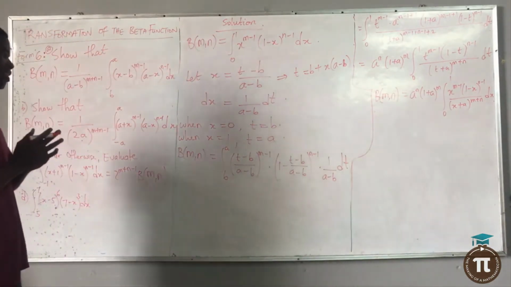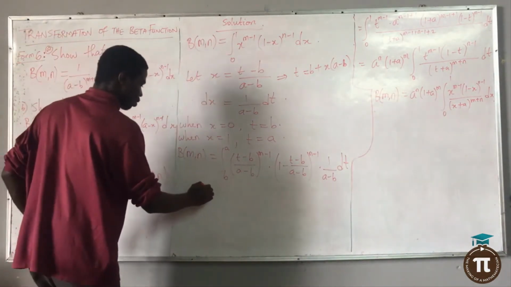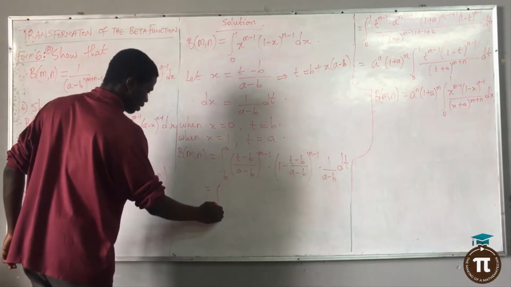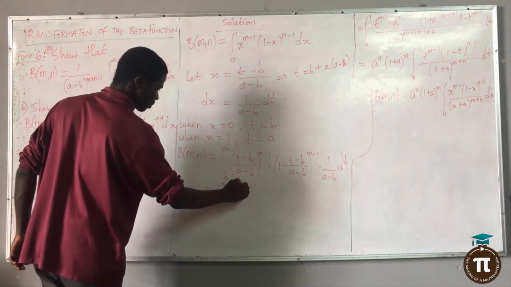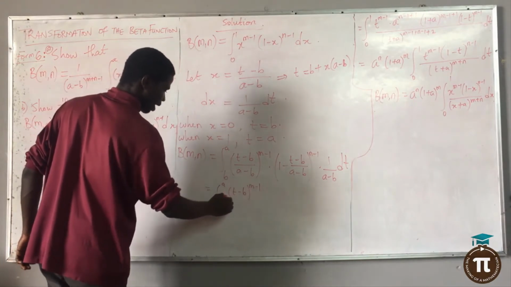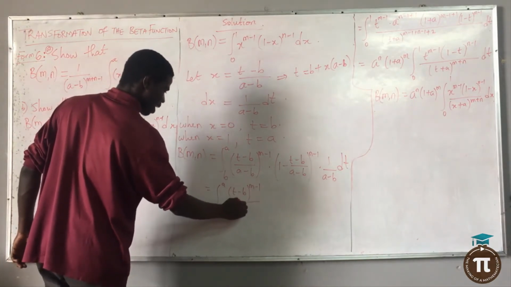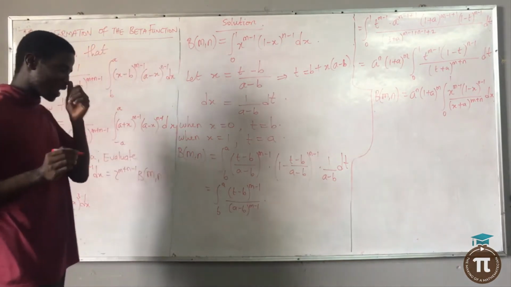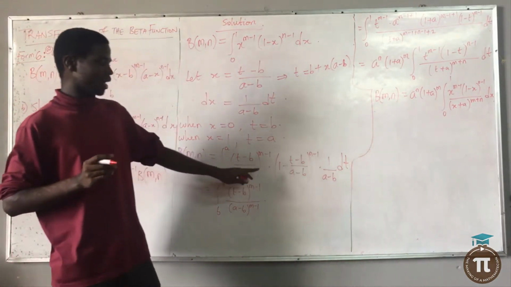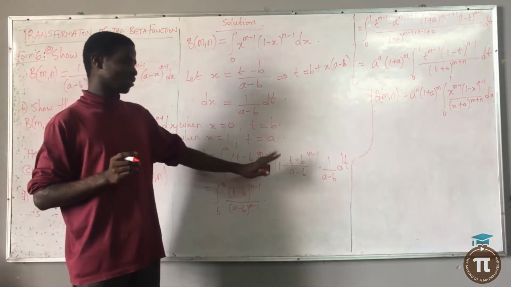So without wasting time, this one will be equal to the integral from b to a of (t minus b) raised to the power of n minus 1 over (a minus b) raised to the power of n minus 1, multiplied by this, which will be a minus b minus t plus b.